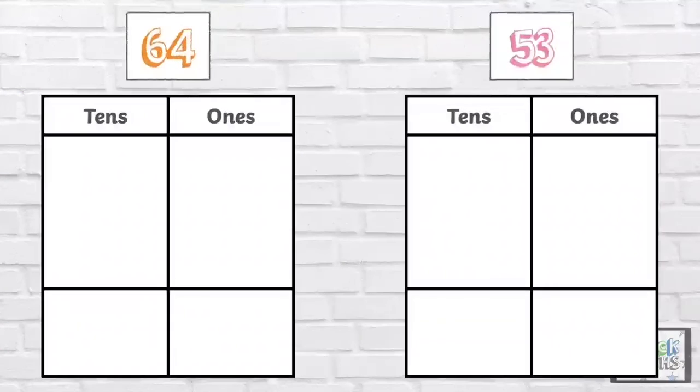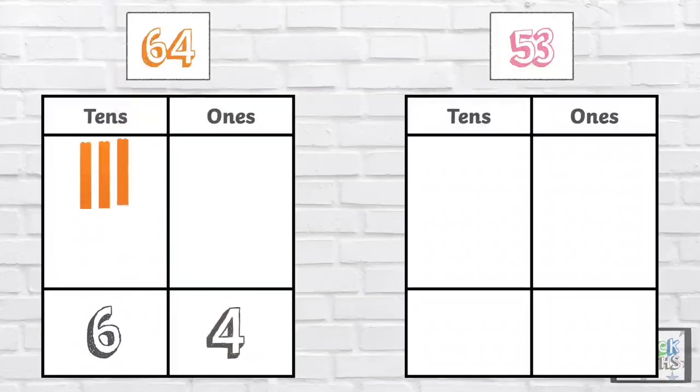Here are two more numbers. Which number is greater? The number 64 has 6 tens and 4 ones. 10, 20, 30, 40, 50, 60, 61, 62, 63, 64.